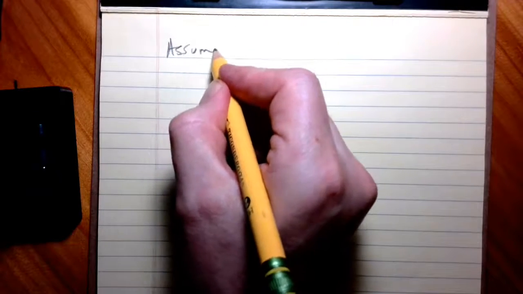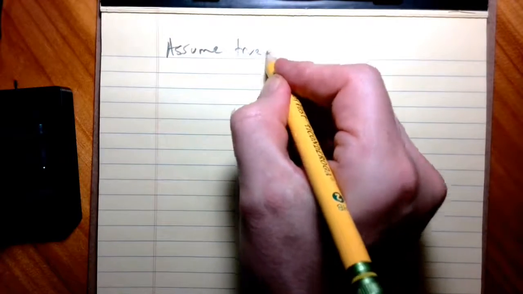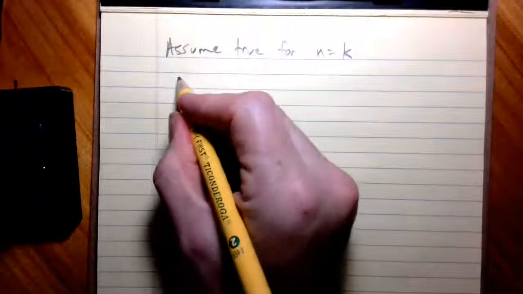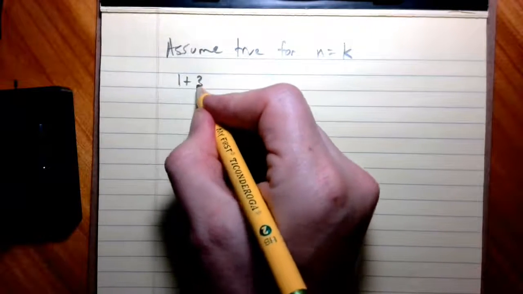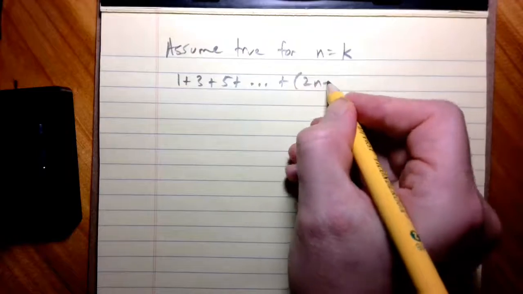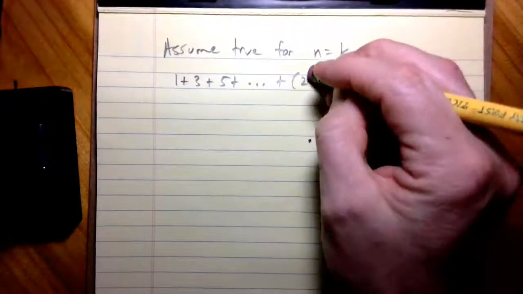So now we will assume it's true for n equals k. Whoops, not 2n, 2k.